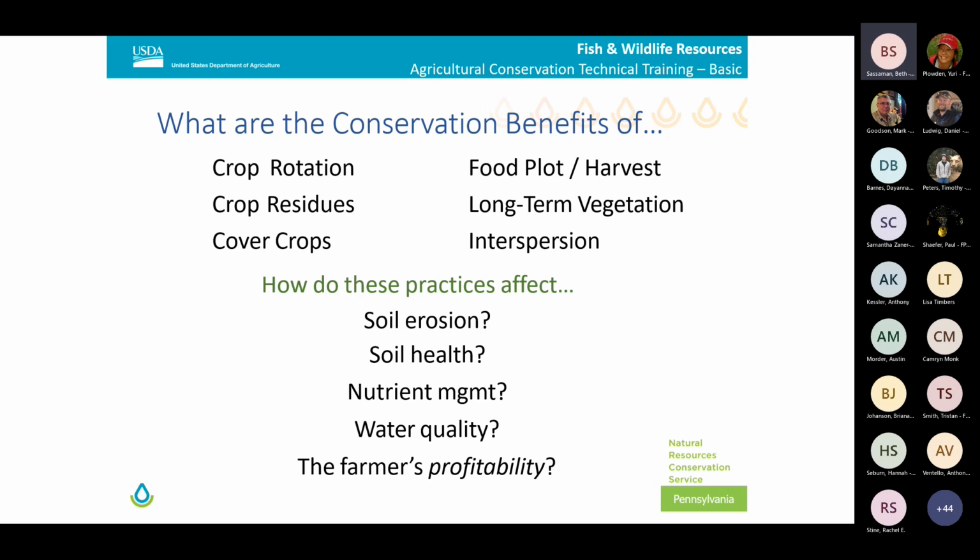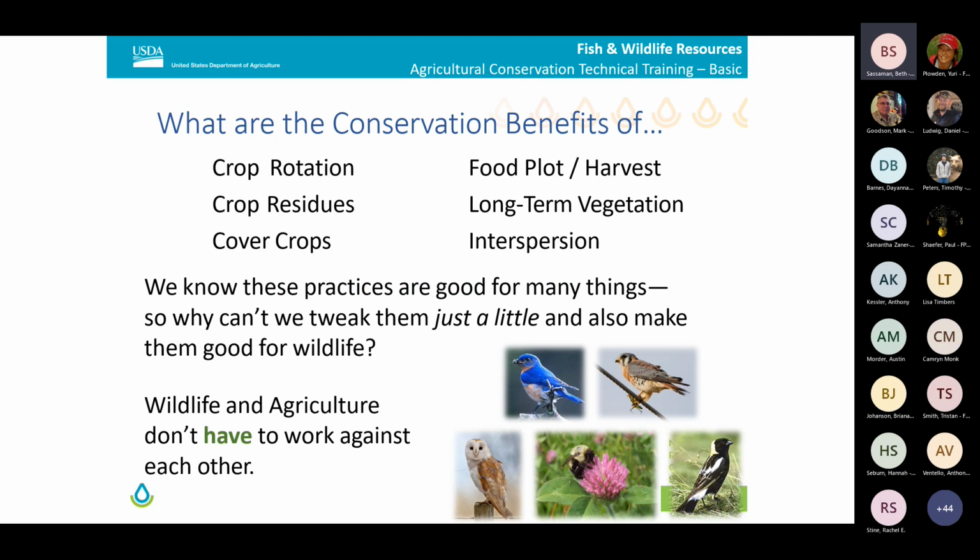And then ultimately, what are we planning for? What's the farmer in it for? He's in it for profitability. They're trying to make their business work, and so that is important. So we know that these practices are good for lots of things. So if we tweak them just a little bit, they'll work for wildlife too.